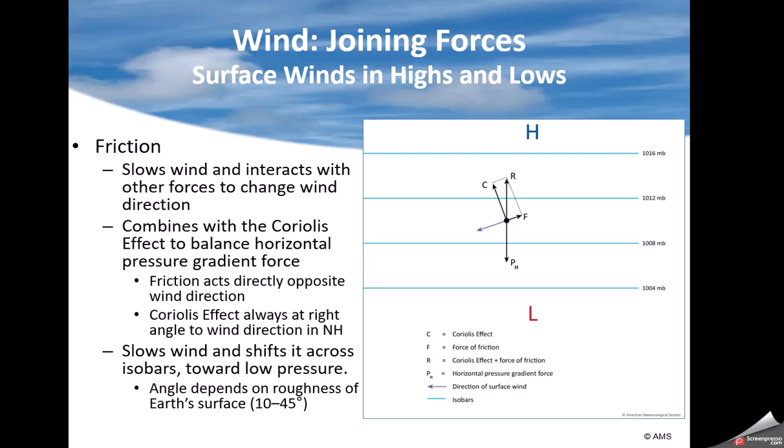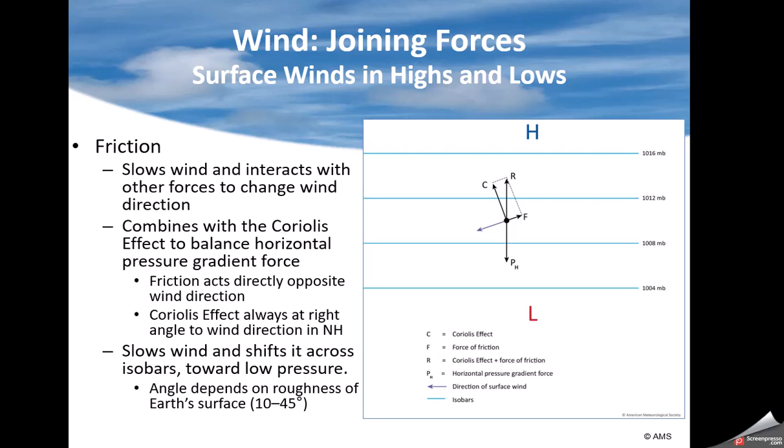When you get down closer to the Earth's surface, there's more friction. Friction plays a role. What does friction do? It reduces wind speed. So if you have less wind speed, your Coriolis force is going to be lower. So instead of going parallel to the isobars, it's going to want to blow outward from highs, partially across the isobars, and inward towards low pressure.